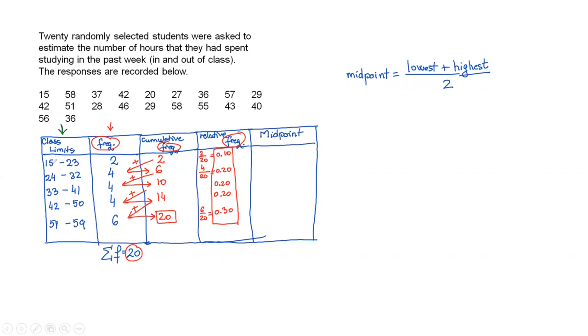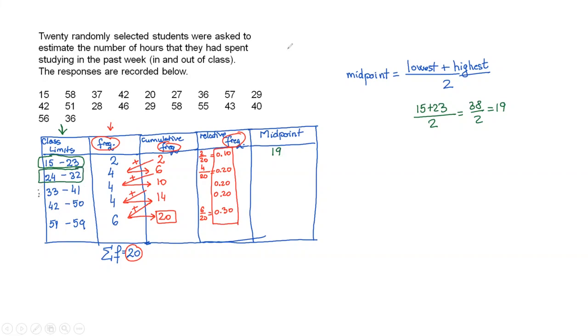We're not interested in that. We are looking at the first class and then second class and so on to find the midpoint. For the first class, these are the lowest and the highest values. This is 38 divided by 2, which is 19. So here is my first midpoint. Now we can continue the same process for the second class and so on.